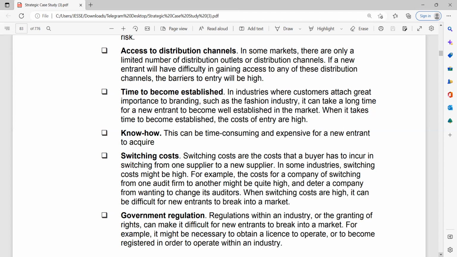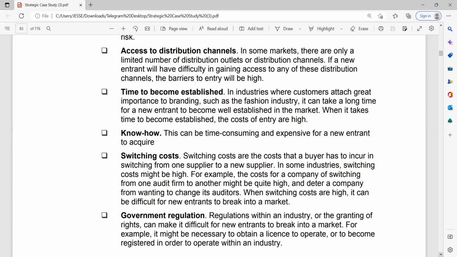What are switching costs? Switching costs are the costs that a buyer has to incur in switching from one supplier to another supplier. In some industries, these switching costs are high. It's not easy to move from one supplier to the other. In the audit world, sometimes it might be difficult to switch from one audit firm to another.